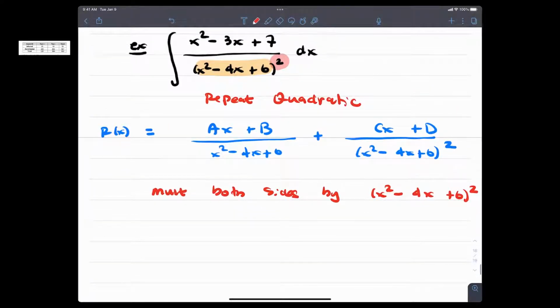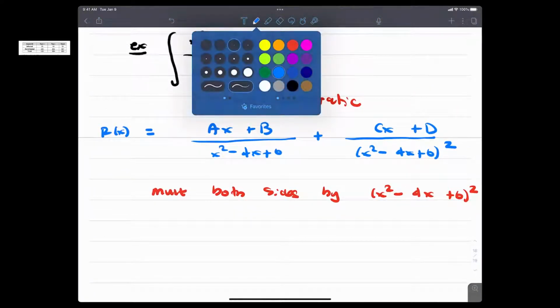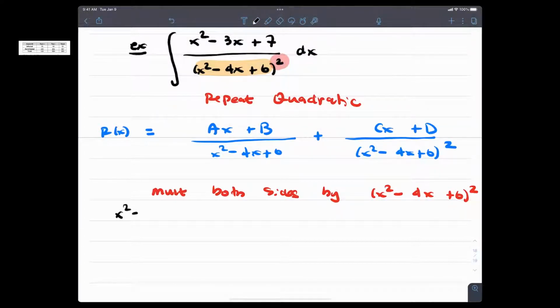What that means is you're left with the numerator on the left side. So you're left with x squared minus 3x plus 7 on the left, which will equal, now remember what's going to happen, ax plus b times a what?